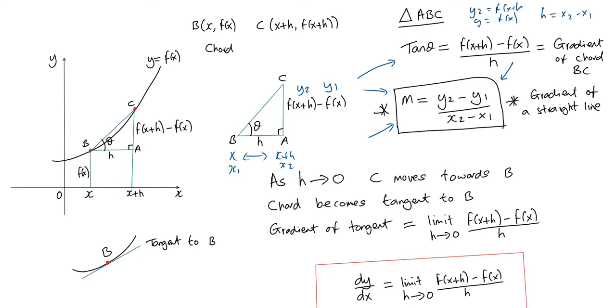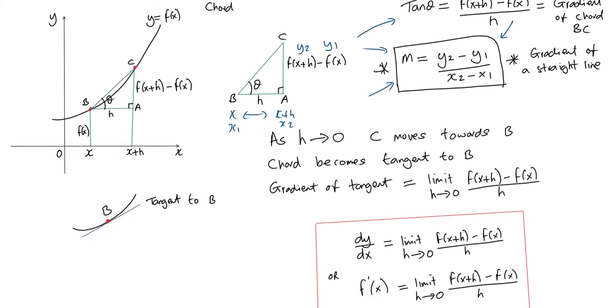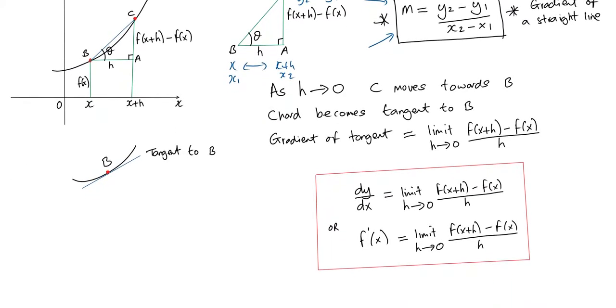Okay, now this is the big theory for differentiation. This is the big leap forward. We say that we have to imagine that BC is a chord, but if C moves nearer and nearer to B, that means that h is going to become naught.